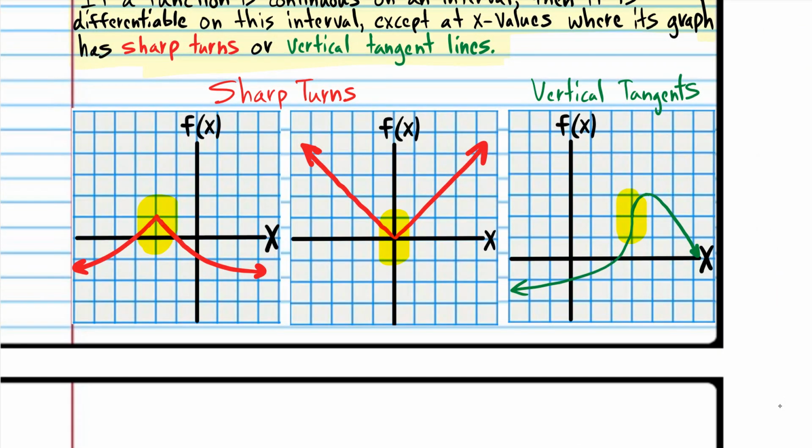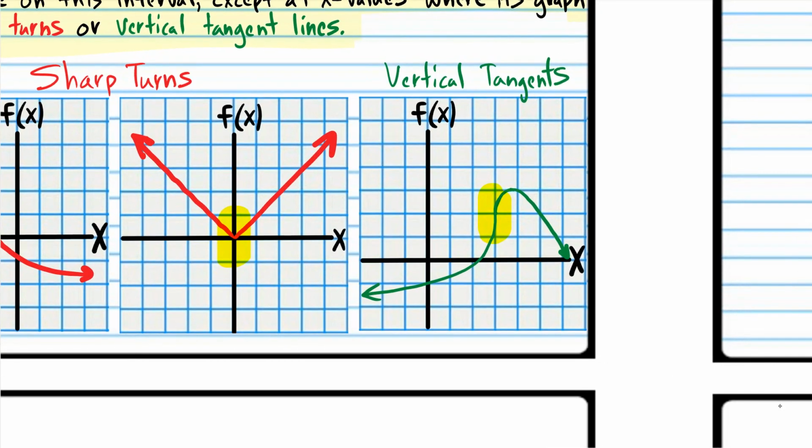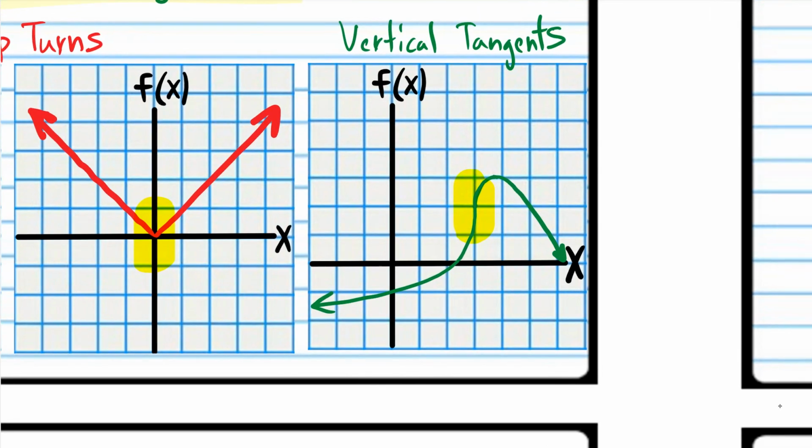So we have another scenario where the derivative is not defined. Again, notice that we don't have any discontinuities, so there's no problem with discontinuities, but at this point here, I know it's kind of hard to see, the line that is tangent to that graph is actually vertical.